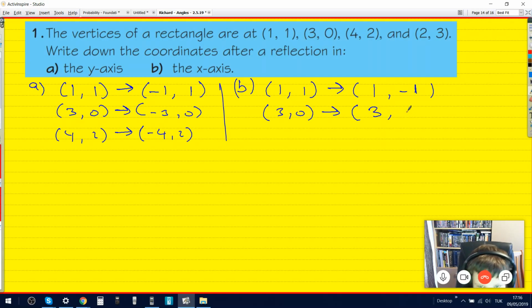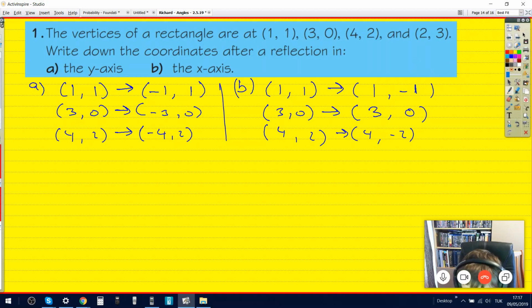So it's like -0, but that's the same as 0. So 0 and -0 are the same thing. How about 4, 2? That would be 4, minus 2. Done. Any questions there? Nope, I don't have any.